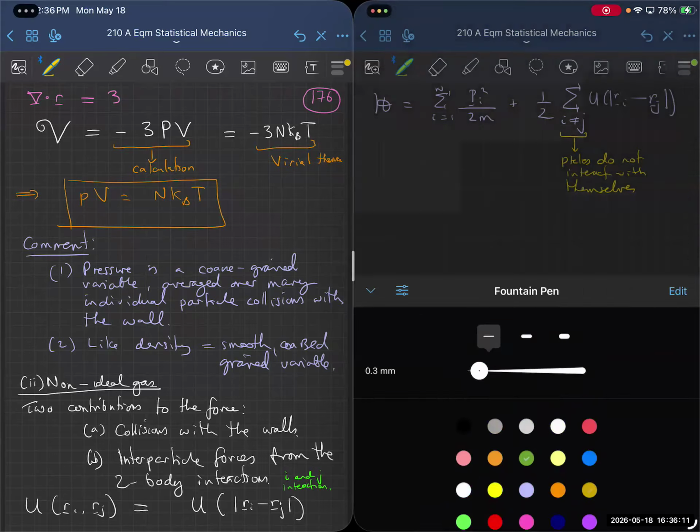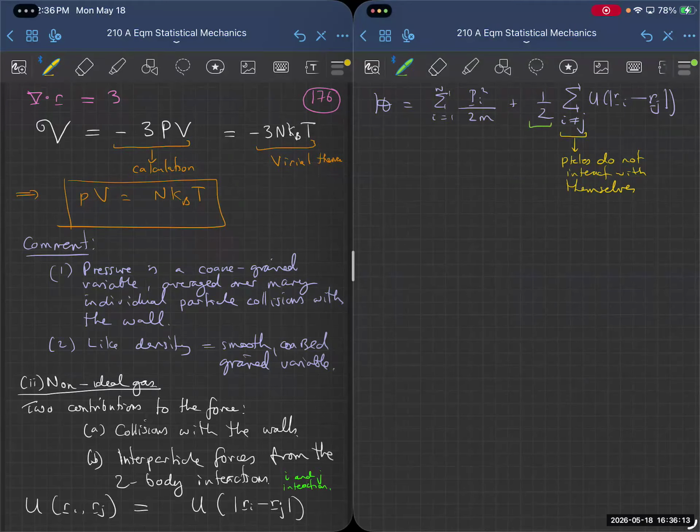And then this 1/2, where that comes from, is particle i interacting with particle j should only appear once.